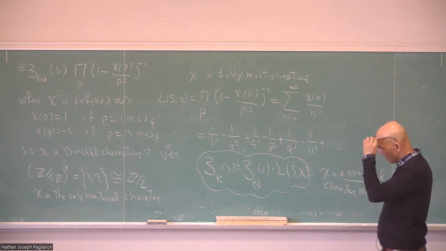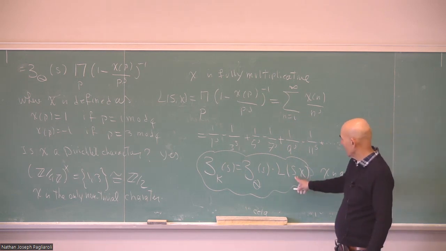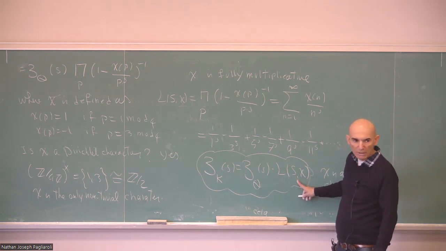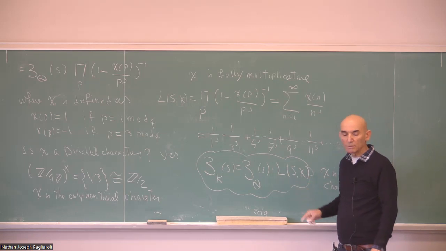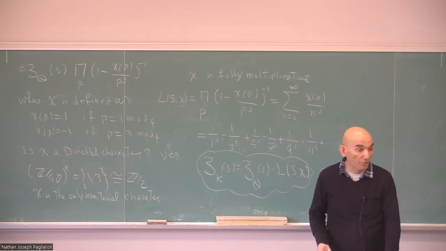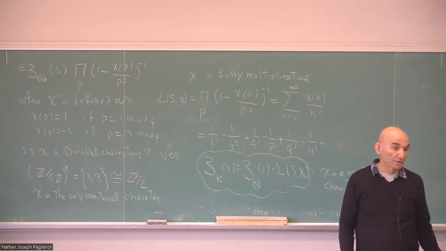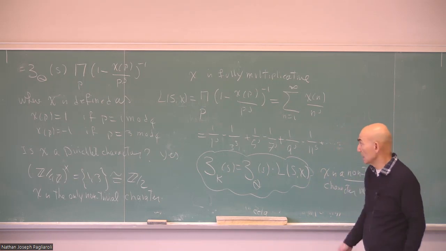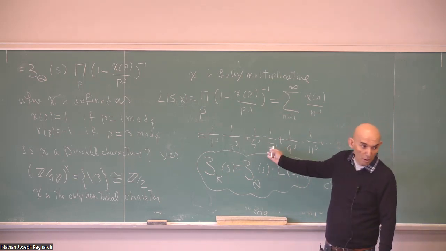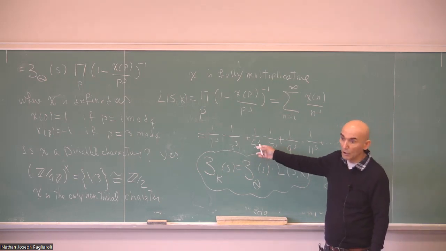Okay, now, what do we know about this? First of all, this function is holomorphic at s equal to 1, because I proved in general that for any non-trivial character, the L function is regular at s equal to 1. There's no pole at s equal to 1. In this case, you can just see it with your own naked eye, because this is an alternating series.